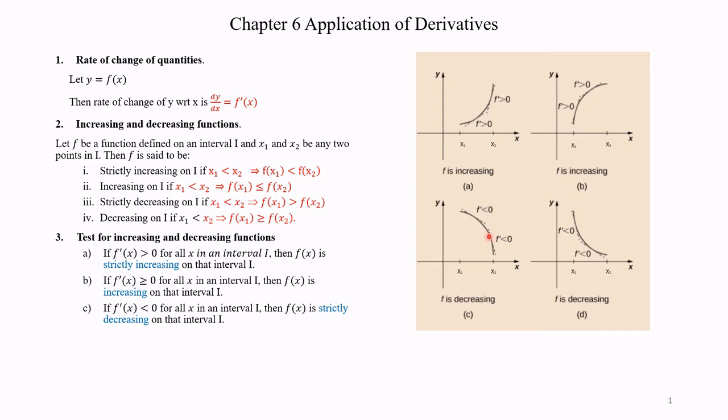You see, it is decreasing on interval I. Similarly, if f dash x is less than or equal to 0 for all x in an interval I, then f of x is decreasing on interval I. We will see more cases in the next slide, where we will distinguish between strictly increasing and increasing, and strictly decreasing and decreasing functions.